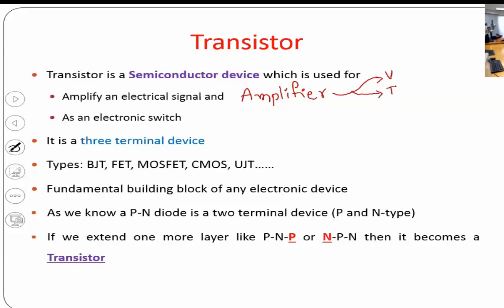It can amplify the current. It can also amplify the power. So depending upon what it amplifies, we can say voltage amplifier, current amplifier, power amplifier. And another application is that it is going to be used as an electronic switch.